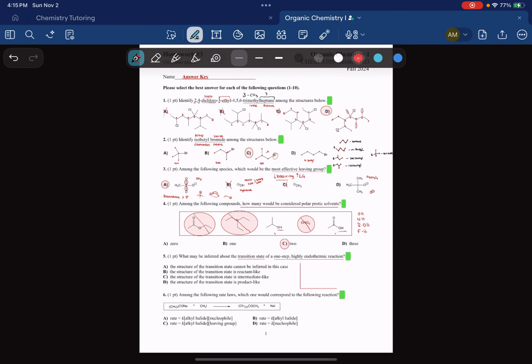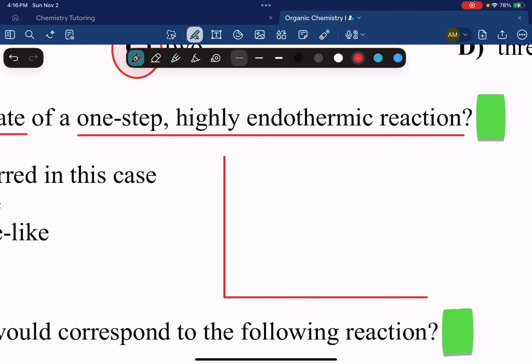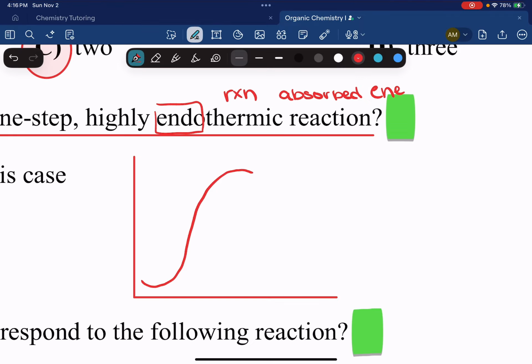It's one step, meaning it's one hump. Our reactants are going to start here. We've got one hump, and it's endothermic, meaning the reaction absorbed energy. So that means our products are going to be higher than our reactants. You see that? Higher than our reactants.